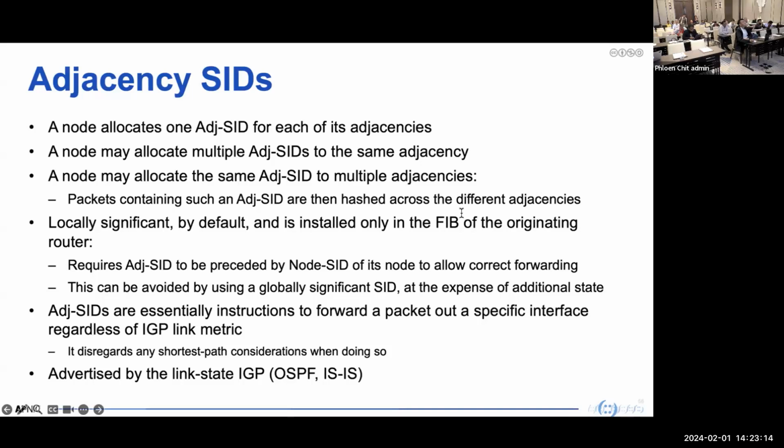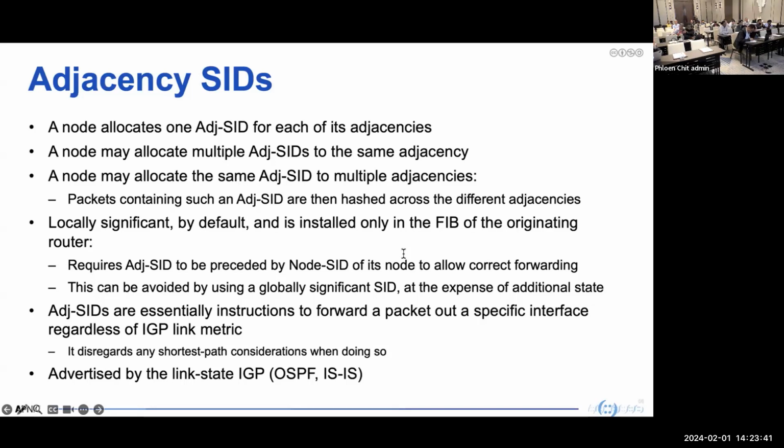Adjacency seeds are locally significant by default. They are installed only in the FIB of the originating router. This requires the adjacency seed to be preceded by the node seed of its node to allow correct forwarding. For example, if you want to tell P3 to forward the packet through GigabitEthernet 1 to the next router, then at least you need to give the instruction for the packet to arrive at P3 first.